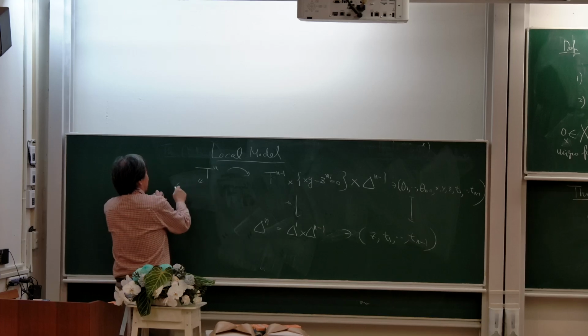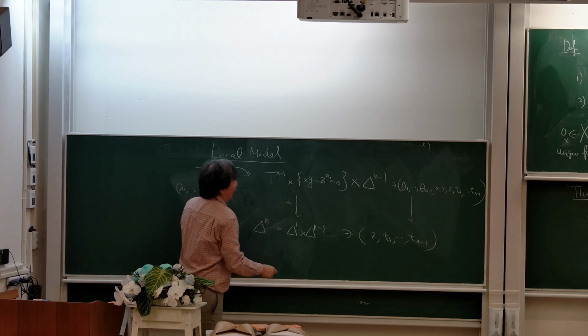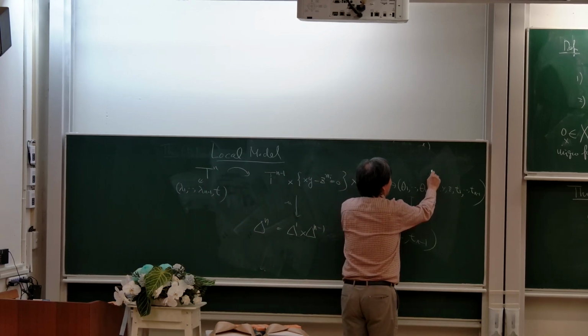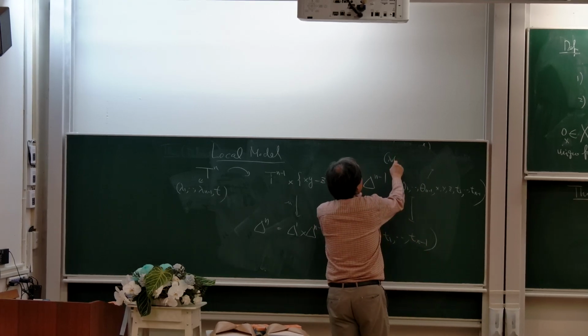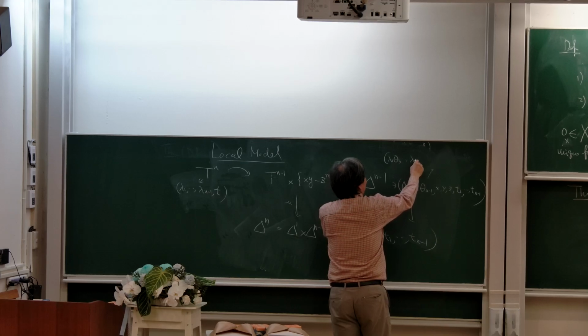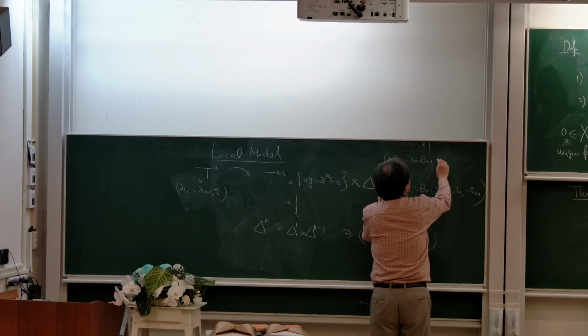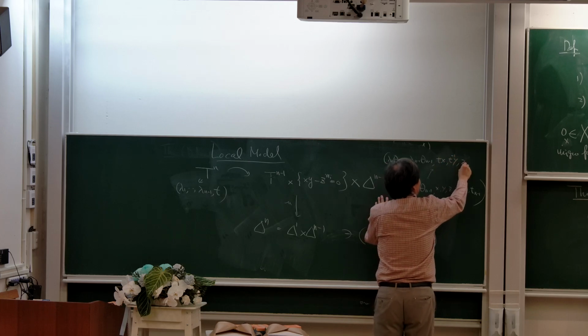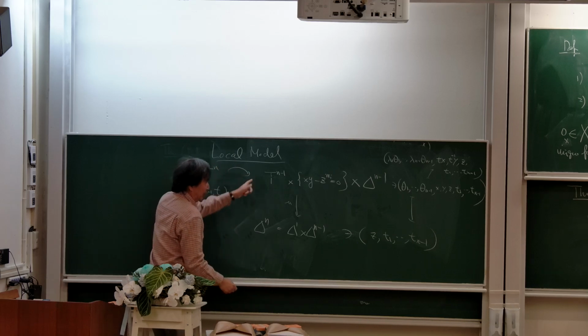Here you have coordinates lambda 1, ..., lambda n-1, t, and this acts on this space in the following way: lambda 1 theta 1, ..., lambda n-1, and tx, t inverse y, and z, and t1, ..., tn-1.